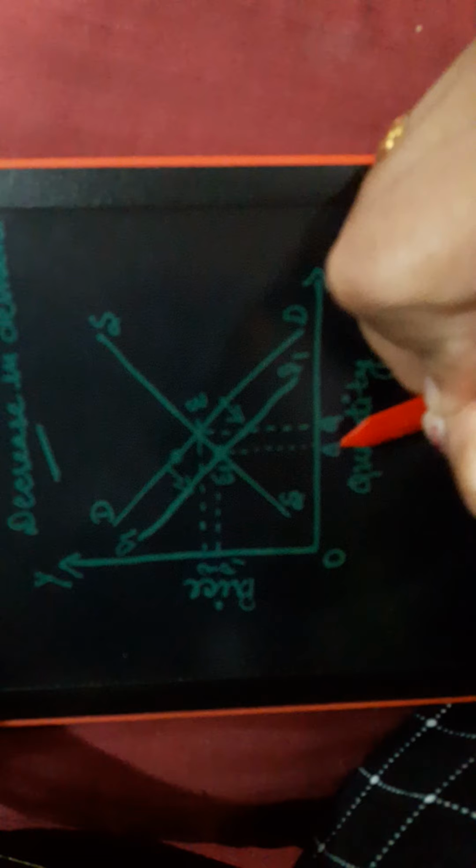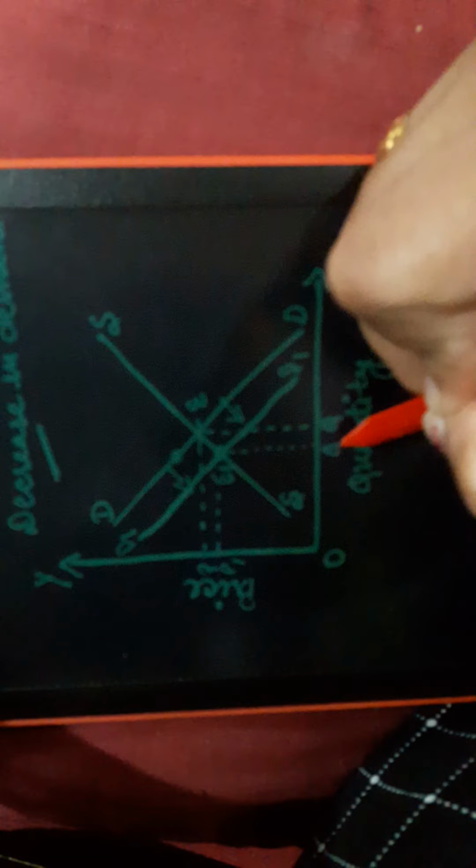And to show a decrease in demand, again we'll have to draw the initial curve. On the initial curve, if we are going to show the decrease, then this curve will be shifted backward, and a new curve will be there. This would be D1.